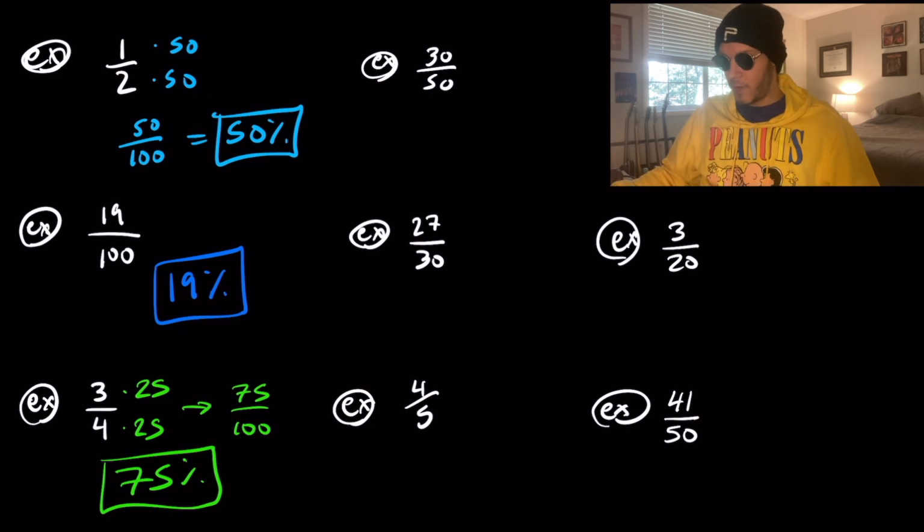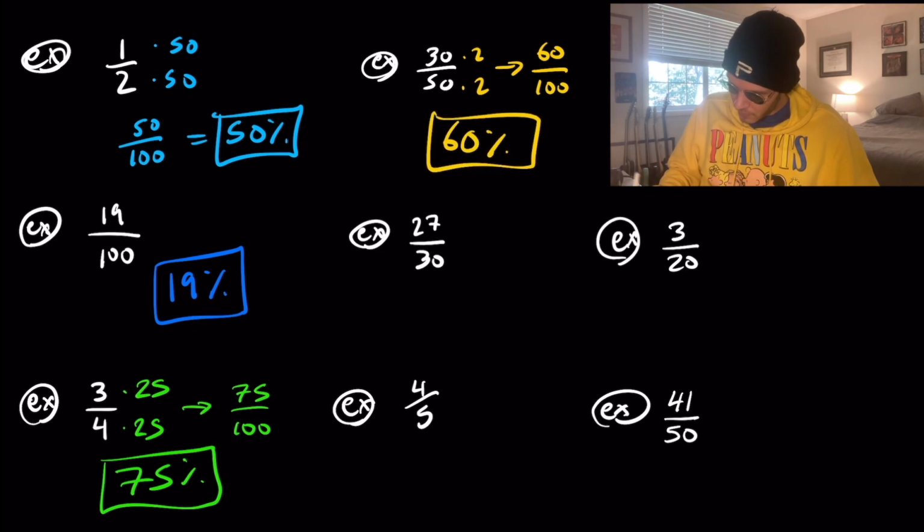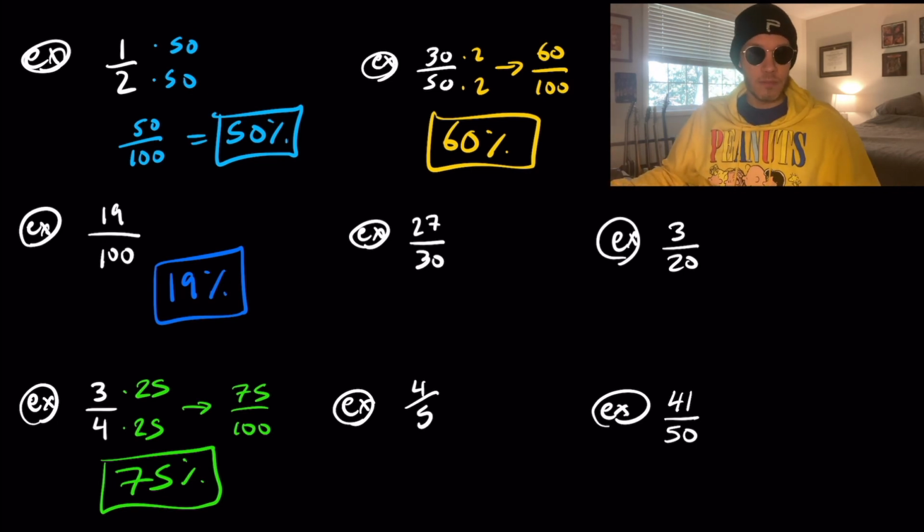All right, 30 out of 50. I'm going to ask myself what number times 50, the denominator, is going to give us 100. That's going to be 2. So I'll multiply the top and bottom by 2. That's going to give us 60 out of 100. 60 for each 100 is just 60%. All right, 27 out of 30. What number times 30 is going to give us 100? There is no nice whole number that when we multiply by 30, we're going to get a nice even 100.